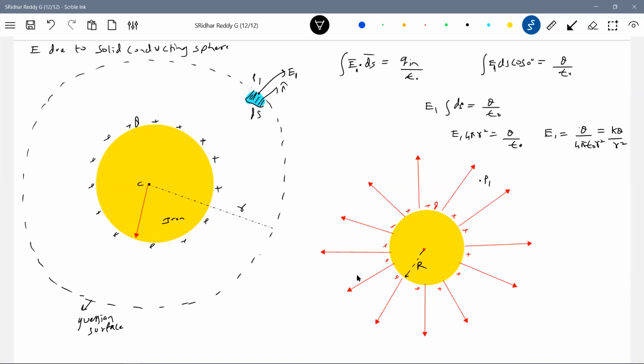Now on the surface, let me pick up a point. On the surface, how much should it be? EP2, I'll write it. So here EP1 equals E1, and EP2 is KQ by R squared. So what is the field on the surface of the conductor?